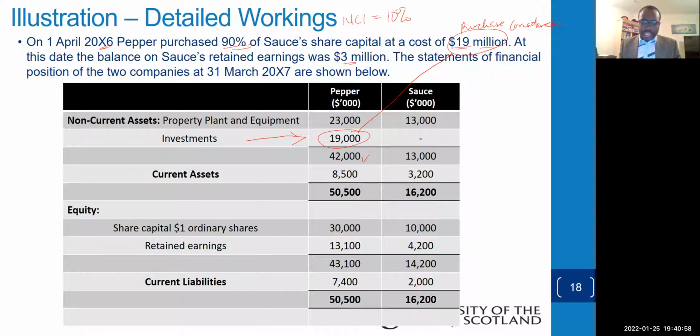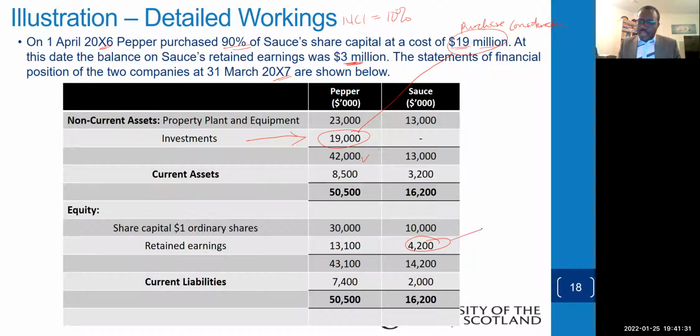We have the equity share capital, the retained earnings, and the current liabilities, giving us this. Look at the table, the financial statement, clearly. At the date when the parent acquired the subsidiary, the retained earnings was 3 million. But at the reporting date, 31st March 2017, the retained earnings of the subsidiary has increased to 4,200, or 4.2 million.